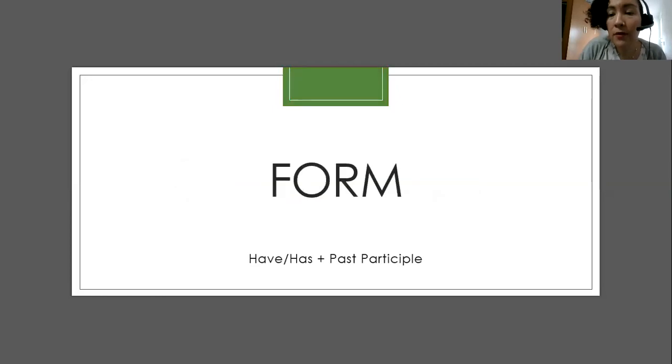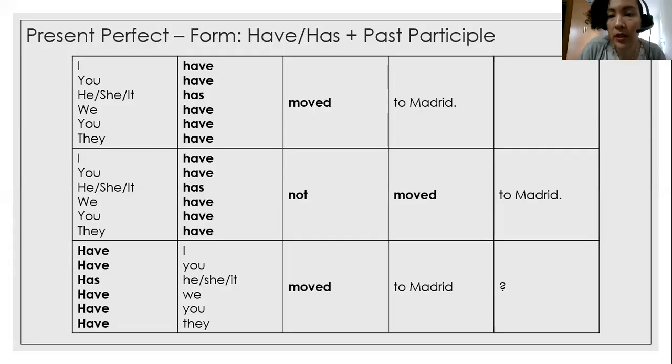So first, the form. We use it with the auxiliary verb have, and has for third person singular, and the past participle. So here is a chart that shows you how you can use it, okay, with the different grammatical people.